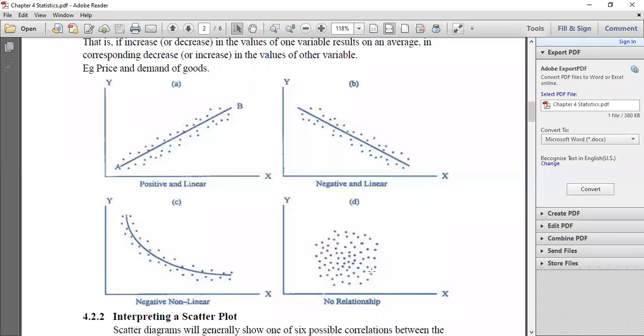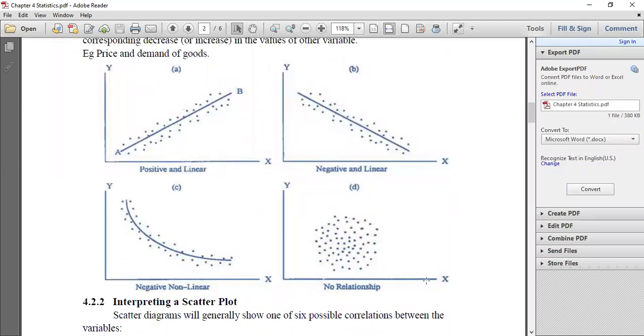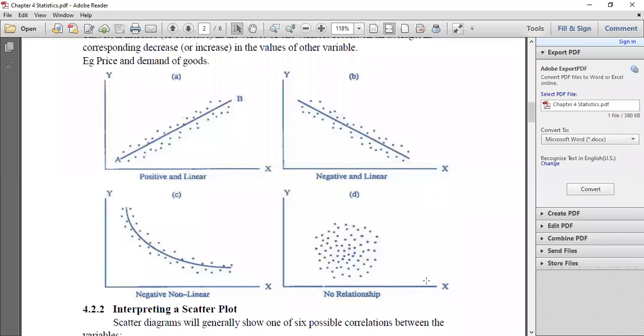So in this instance, you cannot tell whether there is an increase that is causing a decrease, or a decrease that is causing an increase. You cannot easily tell. So it is just scattered without any direction. So at such point, we say there is no relationship. So that is one way to demonstrate correlation, or how two variables relate.